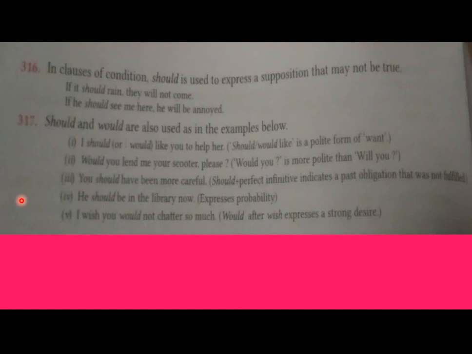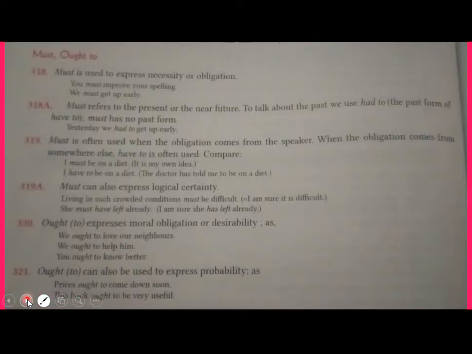Should plus perfect infinitive indicates a past obligation that was not fulfilled. He should be in the library now. It expresses probability. I wish you would not chatter so much. Would after wish expresses a strong desire.